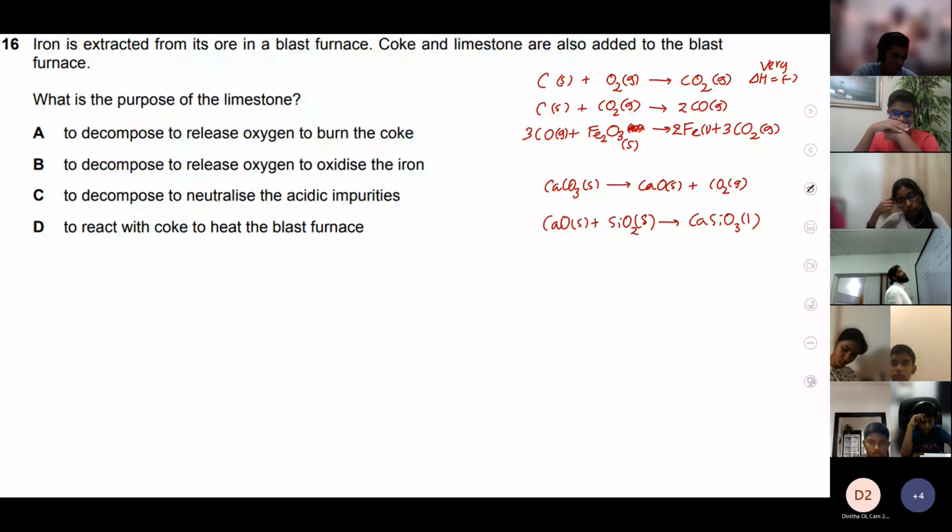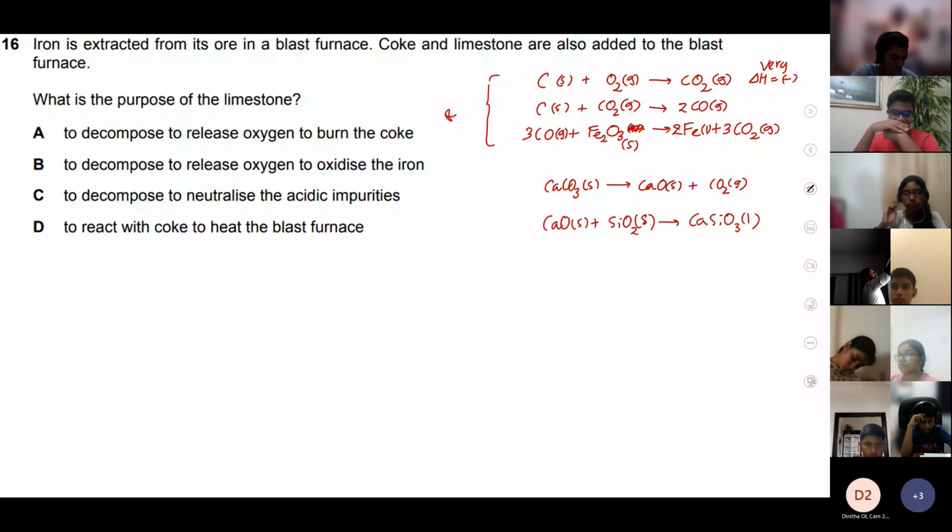Right, let's have a look at the types of reactions. All of these three are redox. And this is thermal decomposition.